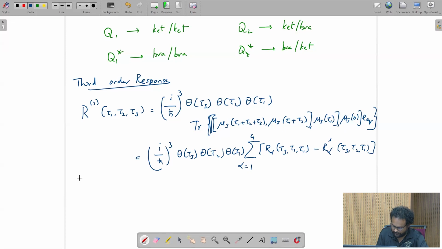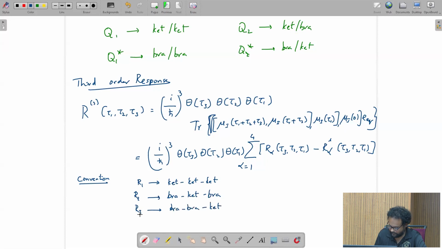And there is a convention here. Remember, there are specific directions of interaction acting on ket or bra. R1 is always a ket interaction. R2 is always a bra interaction. R3 is always bra-ket. R4 is always ket-bra.